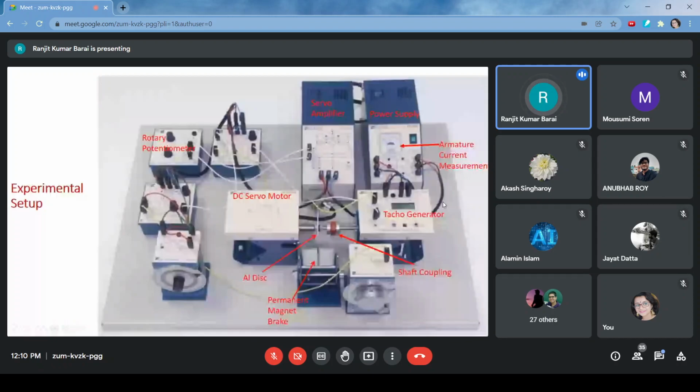Anyway, supply is there, because you need a power supply for the servo amplifier, and a power supply for all other equipment, like the potentiometer. Okay. Tacho generator. So servo amplifiers are basically, you can say, a valve. It is controlling according to some signal, being provided by the supply.